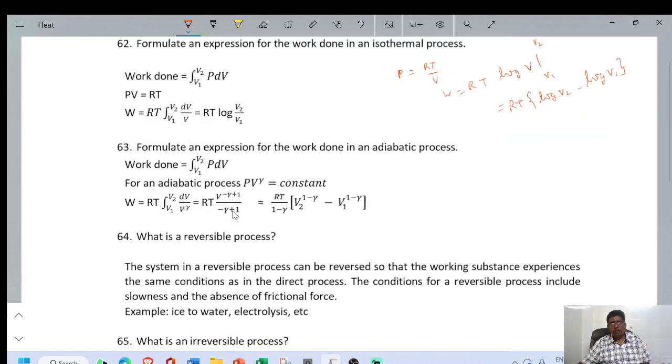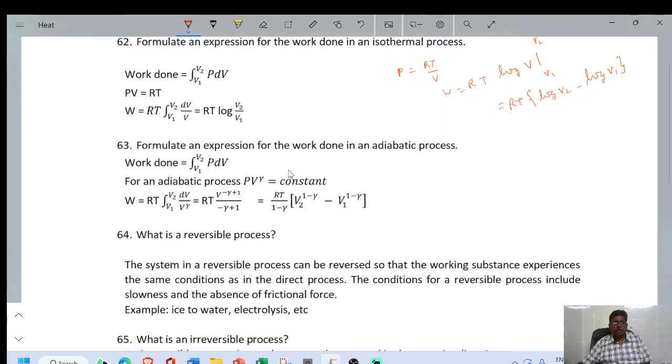Formulate an expression for work done in an adiabatic process. Using the formula PV power gamma equal to constant, we arrive at this. Here PV power gamma equal to RT, then P equal to RT divided by V power gamma.